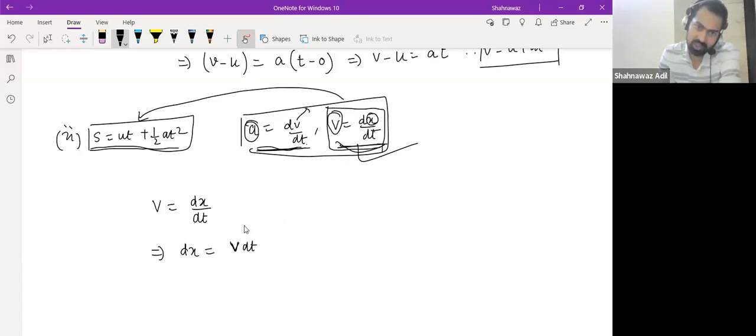So can we change this to some function of time? Can we change this somehow to some function of time?